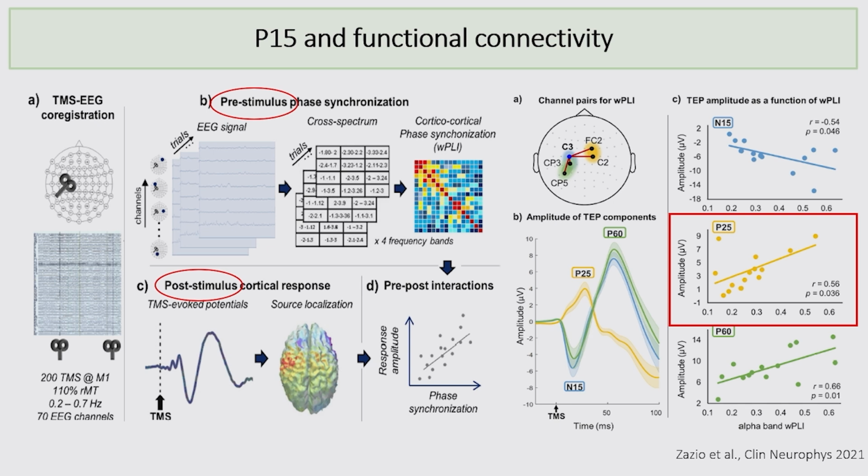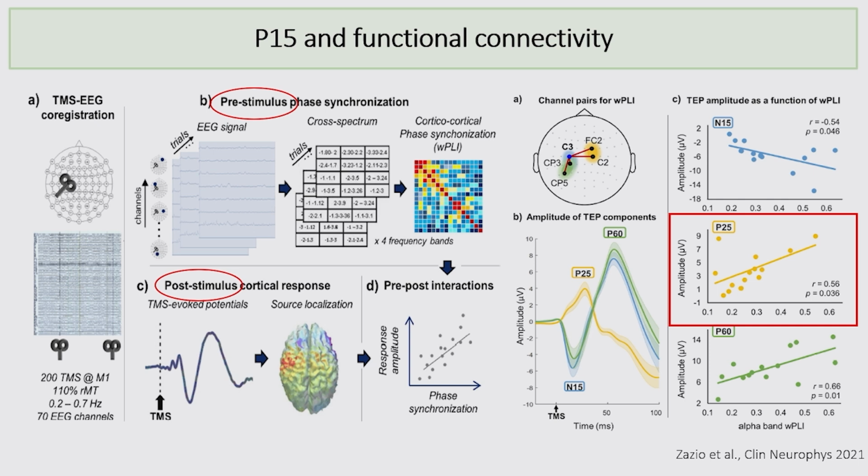And for instance, what is your interpretation for the P60? Well, the current interpretation is that the P60 is somehow related to the reafference from the motor twitch. But although this is a quite widespread interpretation, the data to support it are not very strong yet.